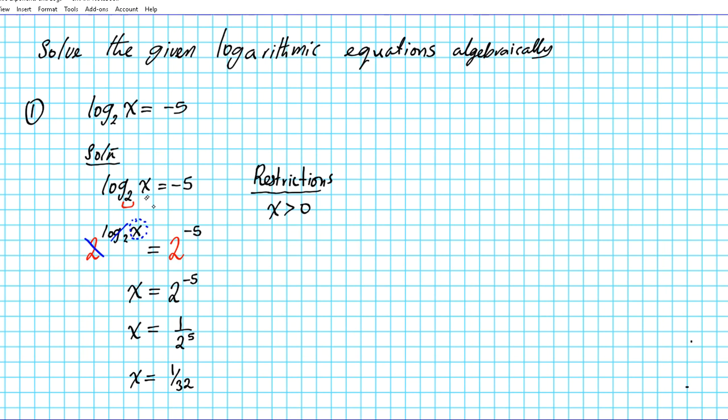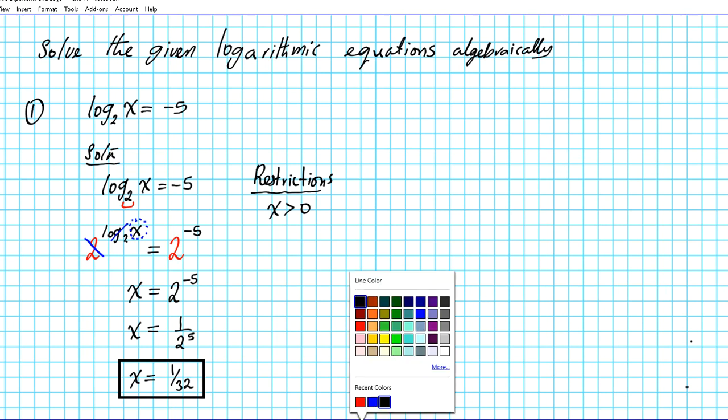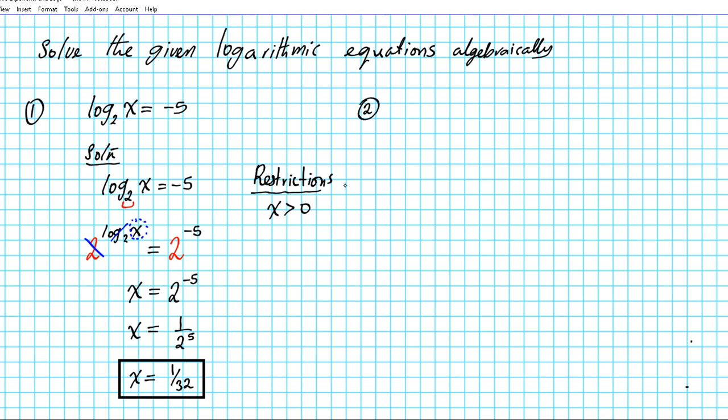Okay, so since this is a restriction right here, our answer 1 over 32 is greater than 0, so it meets the restriction. Hence, we have a valid solution, a solution that does not violate the domain restrictions of the original problem. Okay, so remember to always check for the feasibility of your solutions when you're solving logarithmic equations, because sometimes extraneous solutions can be present, and those have to be identified and eliminated from the solution set.